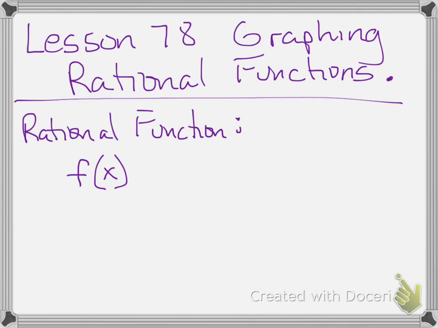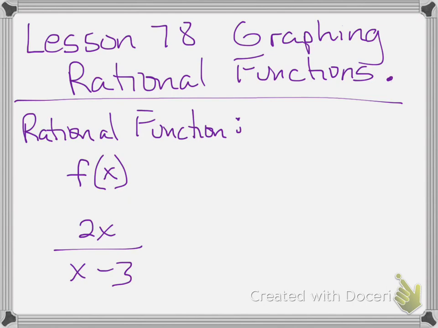So a rational function, what is a rational number? A number that can be written in fraction form. So rational functions are functions where there is a variable in the denominator of a fraction. It comes from rational expressions. Remember how we defined a rational expression earlier in the class? Something like 2x over x minus 3. That's a rational expression.